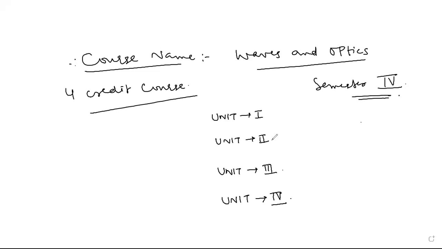Unit second is about optics, like interference and other related phenomena. Unit third is about diffraction and other related properties, and unit 4 is mainly about sound.